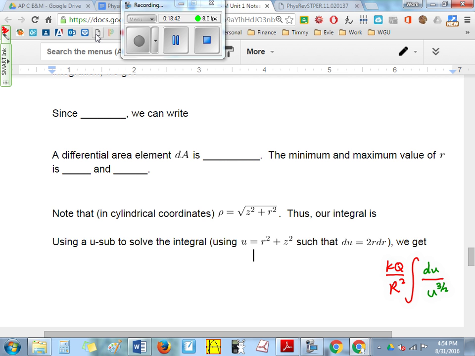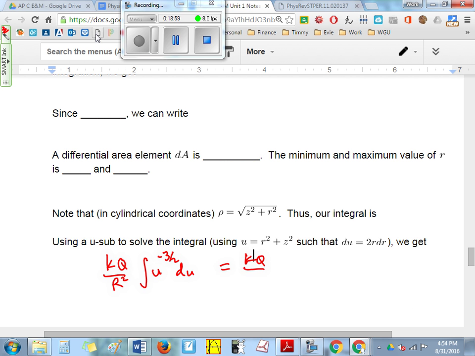So we have kq over r squared, and we're going to rewrite the 1 over u to the 3 halves as u to the minus 3 halves. Remember, to find an integral, we do an antiderivative. So you're going to ask, how could there be a u to the 3 halves? Well, you find the antiderivative. You just add 1 to the power, which gives you u to the negative 1 half, and then you put the reciprocal of that new power out in front.